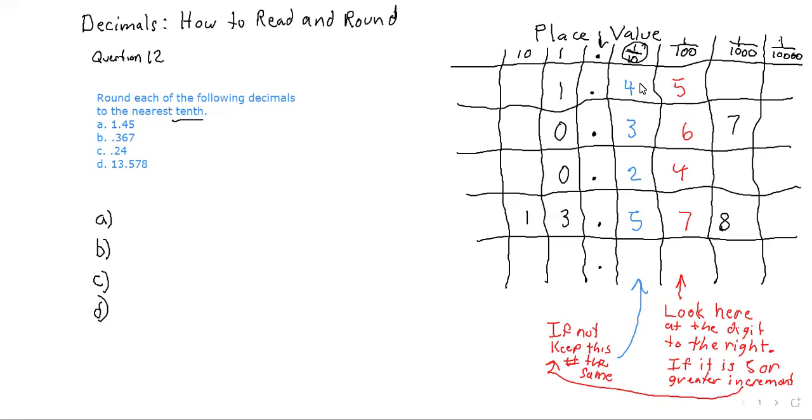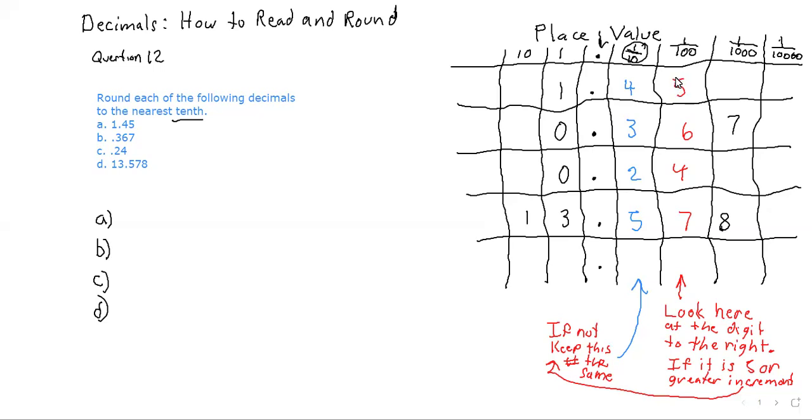These are the numbers that are either going to stay what they are, or they're going to get incremented by one. So how do we know which ones stay and which ones get incremented? We have to look at the numbers directly to the right of that place value. So we're in the tenth place value, and we're going to look at the red numbers, the numbers directly to the right of it.